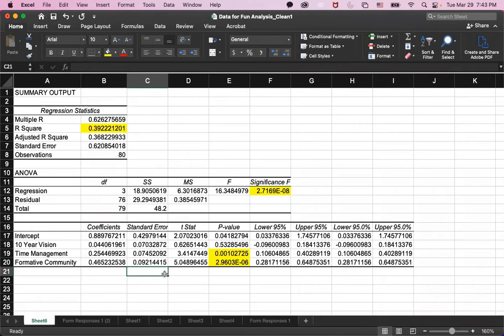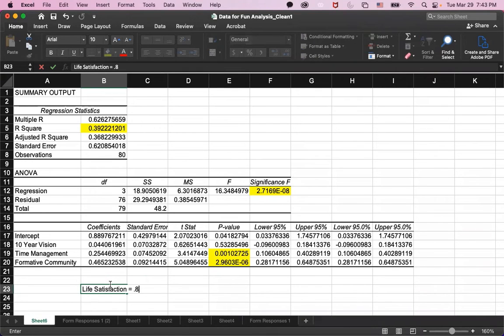It's 0.53, right? 0.53 is greater than 0.05. Therefore, this is insignificant. It has no impact on your dependent variable, which is life satisfaction.